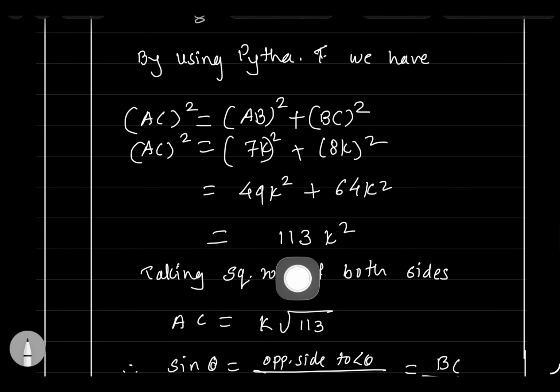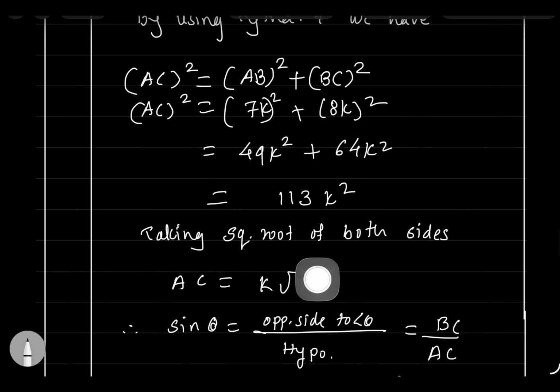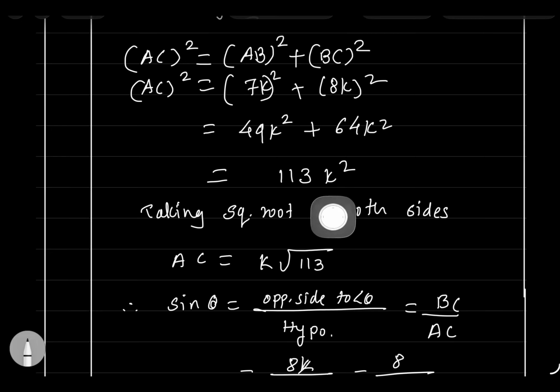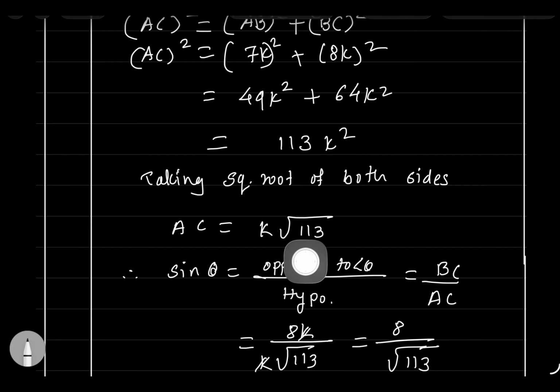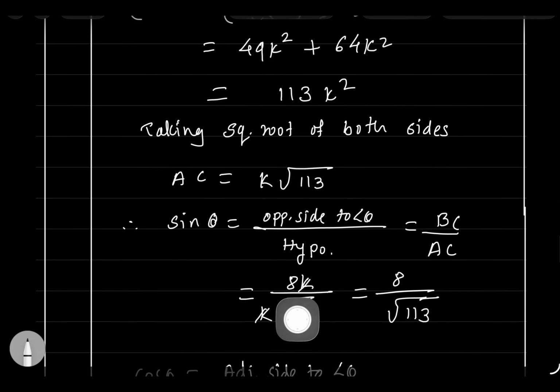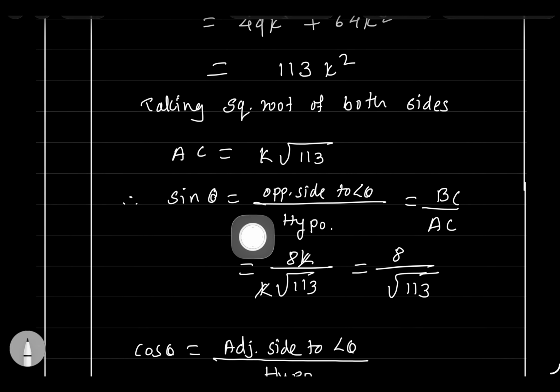The addition is 113K square. Taking square root of both sides, AC equals K square root 113. K square means K comes outside the square root. This is not a perfect square, so 113 stays in the square root.